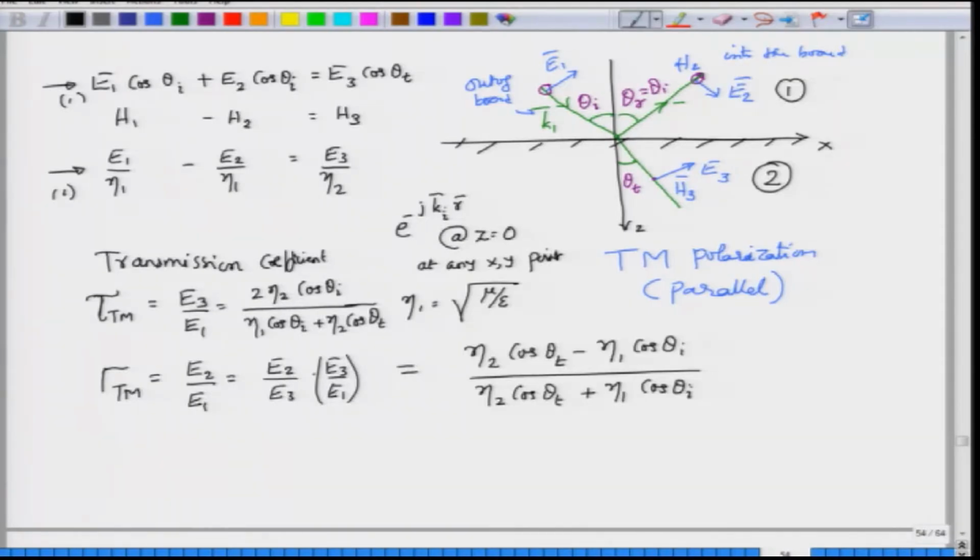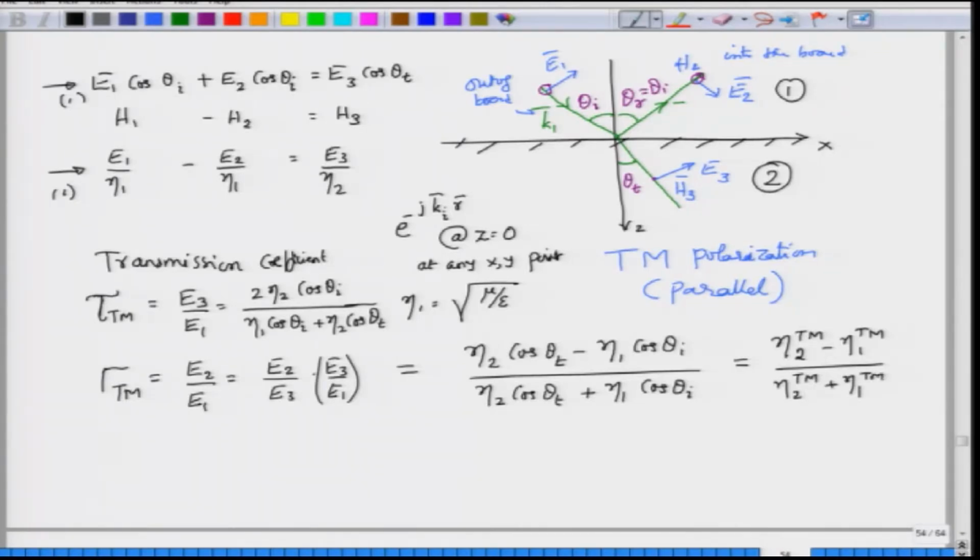Now, observe this equation very carefully. If I rewrite this equation as eta of the second medium corresponding to TM minus eta of the first medium corresponding to TM, divided by eta 2 TM plus eta 1 TM, what will you observe?